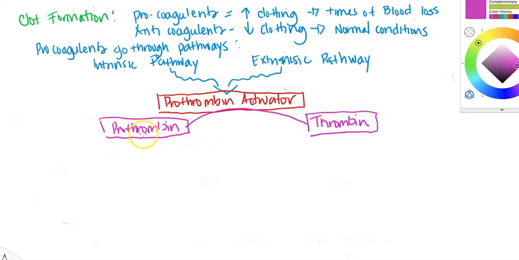So prothrombin is a plasma protein. Protein that's in the plasma, floating around in the plasma. It is produced in the liver.